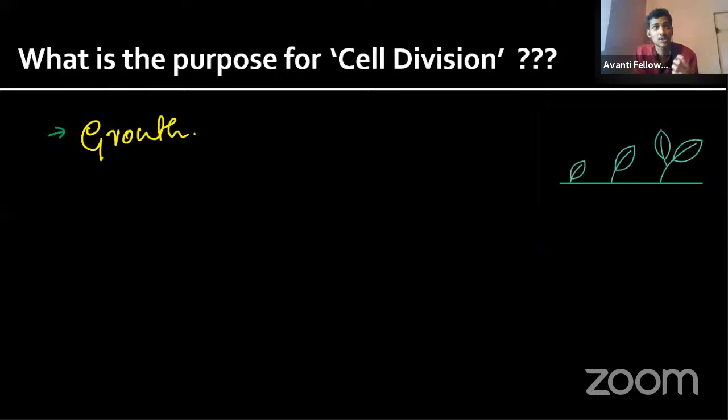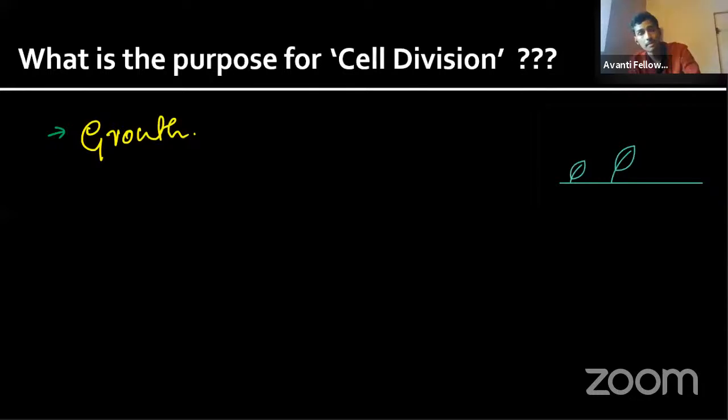It is not visible to the eyes because the cell is so tiny, but you can feel it in your weight, your height, and the growth of your organs. So this is one of the basic purposes.